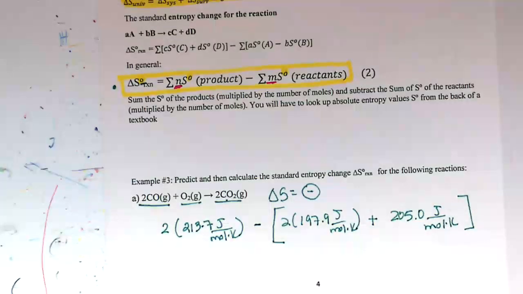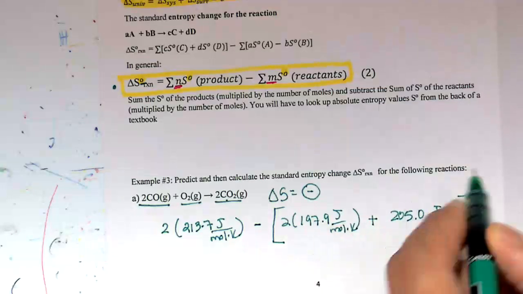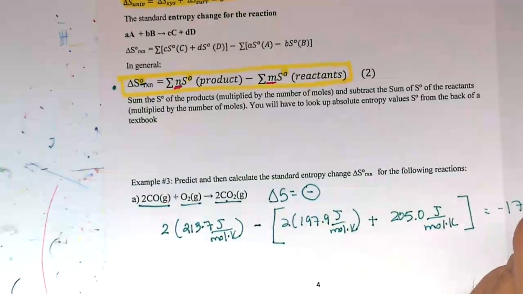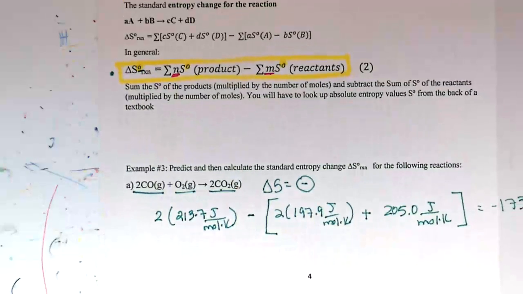So make sure you distribute out that minus sign. Where students really mess up is just doing the calculator. So I'll just save some time and give you the answer. The answer that I got is minus 173.47 joules over mole Kelvin.